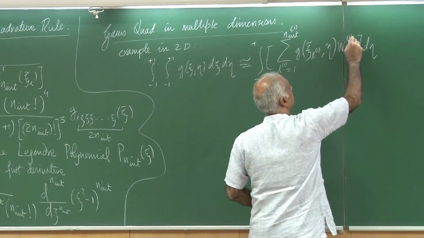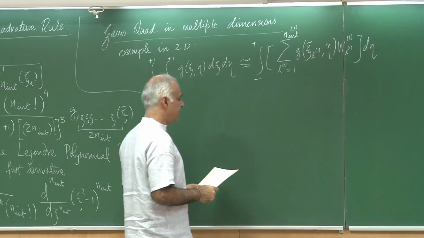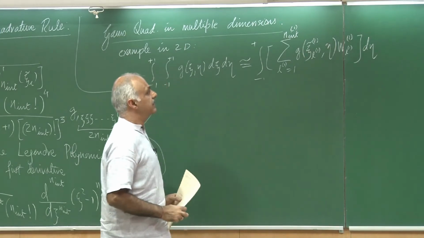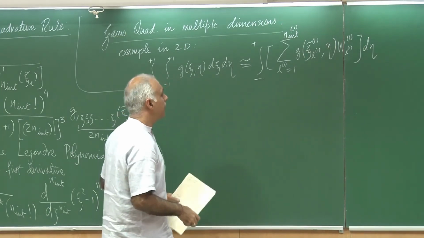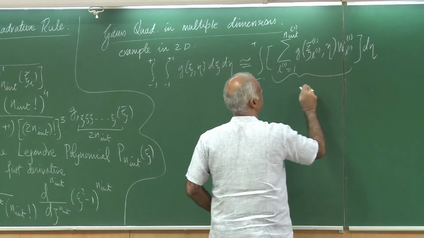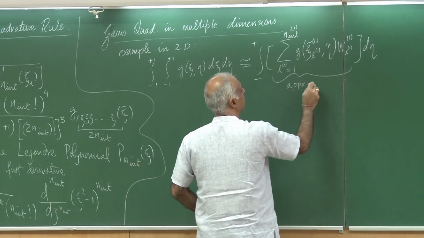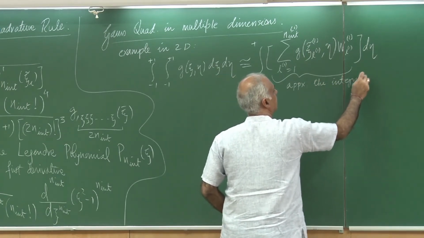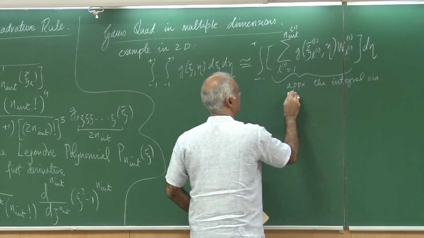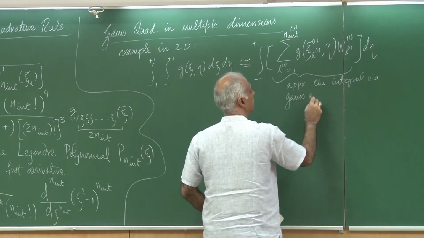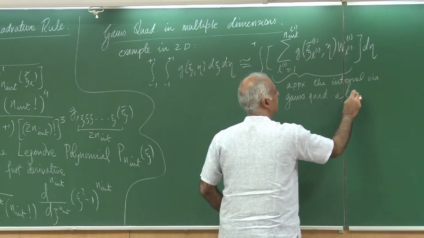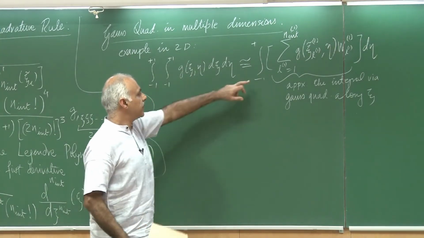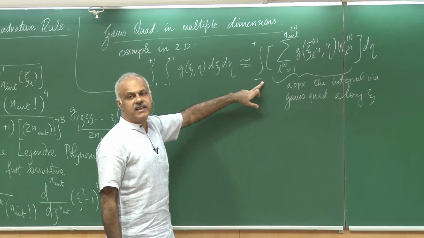And just to make it more clear, I would add the 1 over there also and perhaps 1 over here, to show that it is the first coordinate. So, this here is the expression. We have approximated the exact integral via Gauss quadrature along the xi axis.